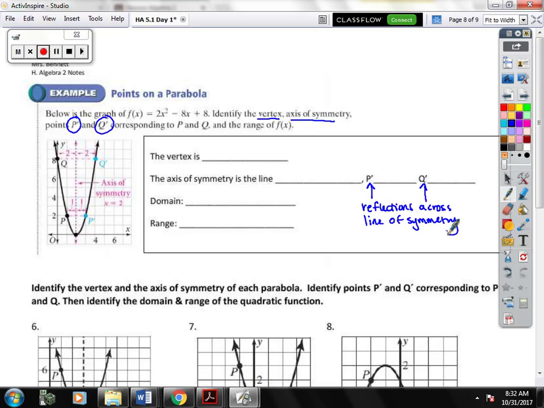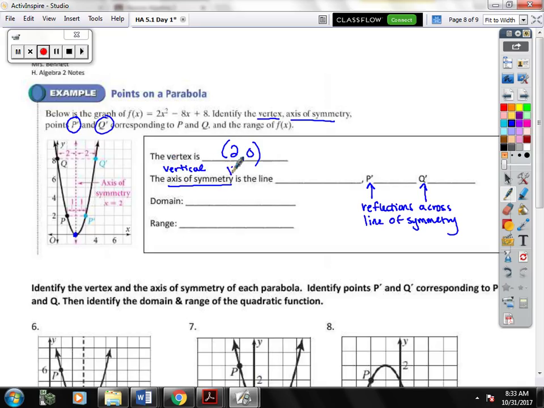The vertex, you just have to look at where is the minimum or the maximum of the function. So that occurs here, which is at 2, 0. Always pay attention to the unit. Sometimes they do count by something different than ones, but you can see that they did count by 1, 2, 3, 4, 5, 6. All right, the axis of symmetry, again, remember the axis of symmetry is always going to be a vertical line.